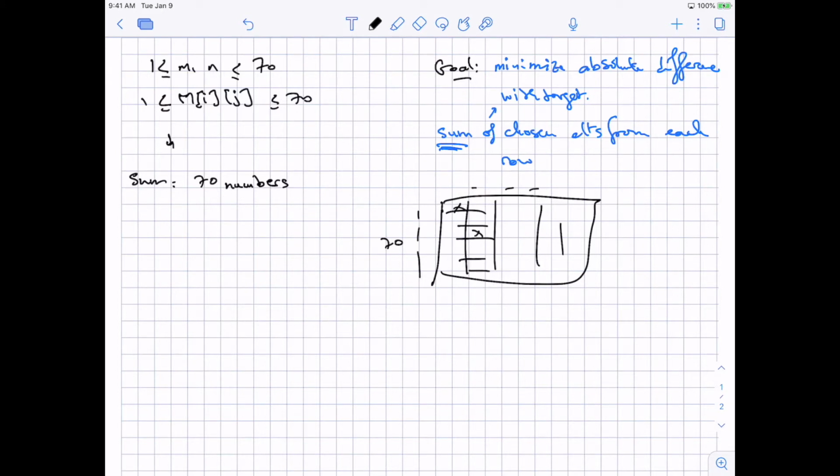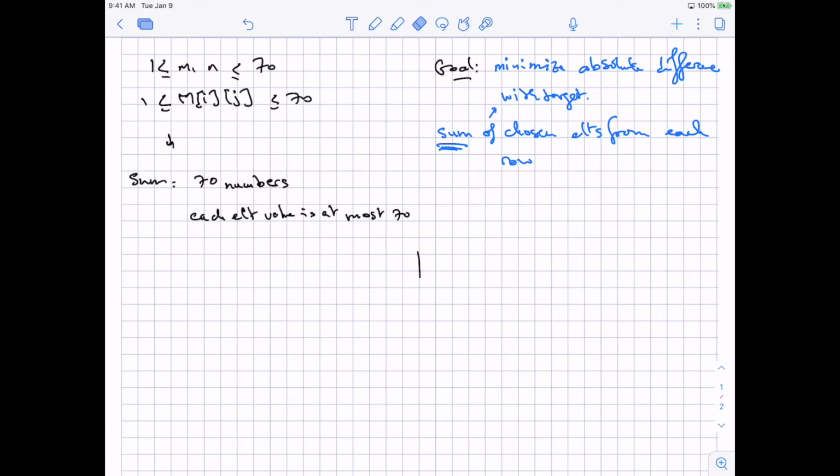And each element value we pick is at most 70. So what this tells us is that the sum itself is at most the sum of 70 numbers, each of them at most 70, so at most 70 to the power of 2. So this is not actually very big.